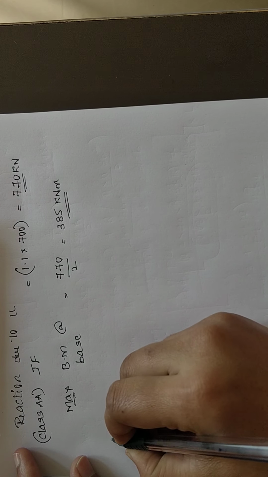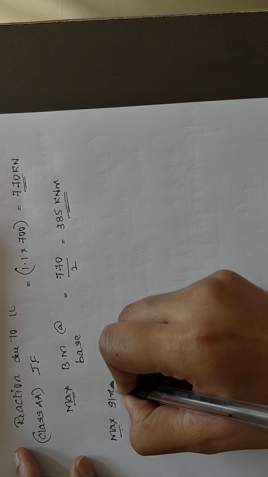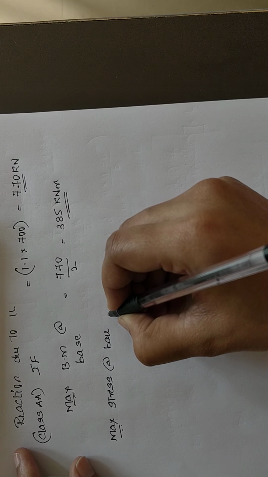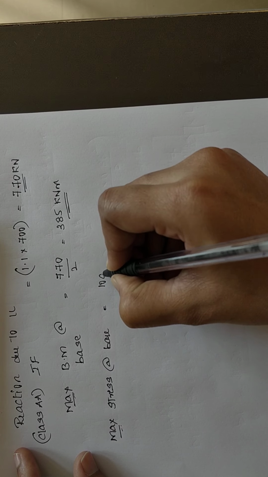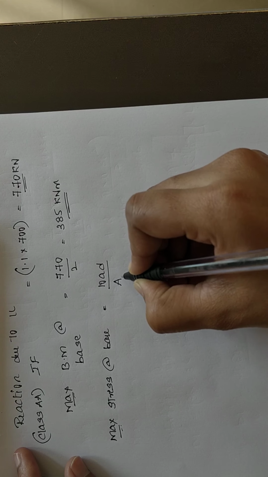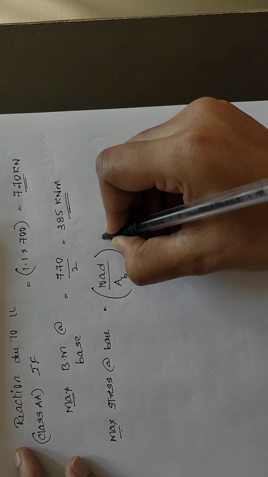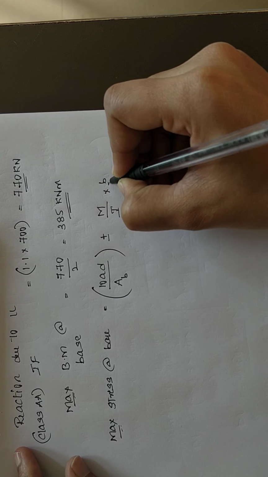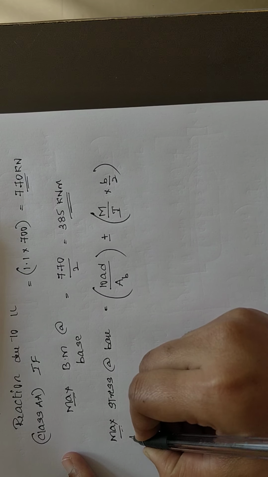Next you calculate the maximum stress at the base. It is given by the formula load by area of the pier at the bottom plus or minus M by I into b divided by 2, that is the maximum as well as minimum stress.